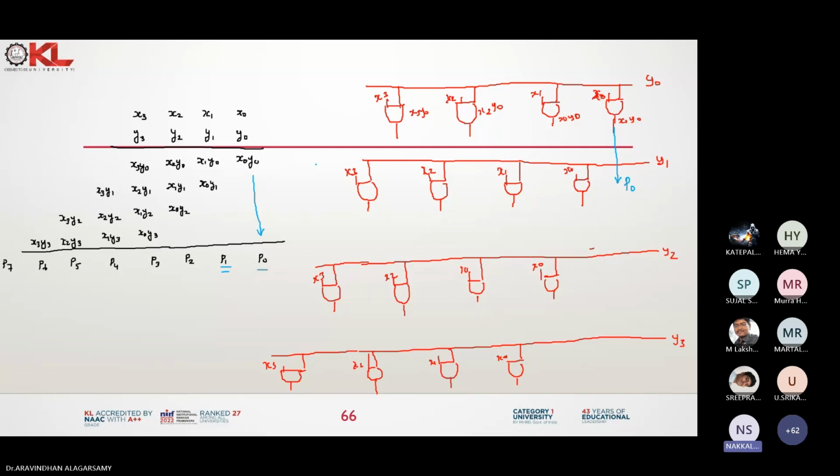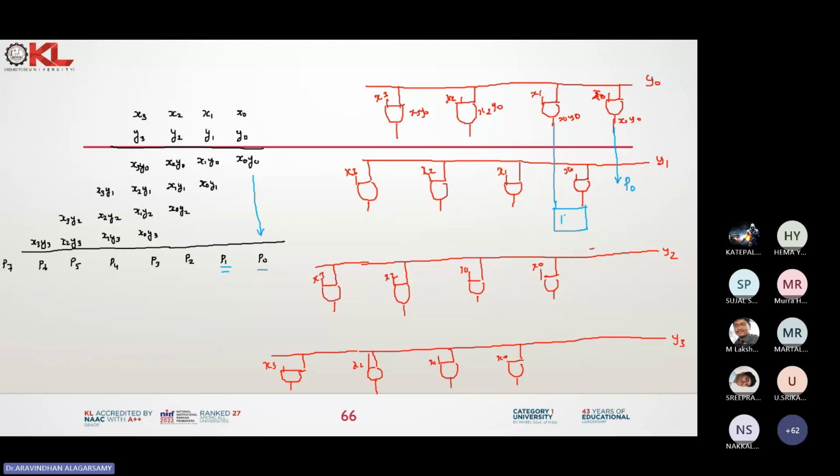X1 Y0 plus X0 Y1 I have to do for addition. Yes or no? So that has to give addition. So this is going to become an adder.